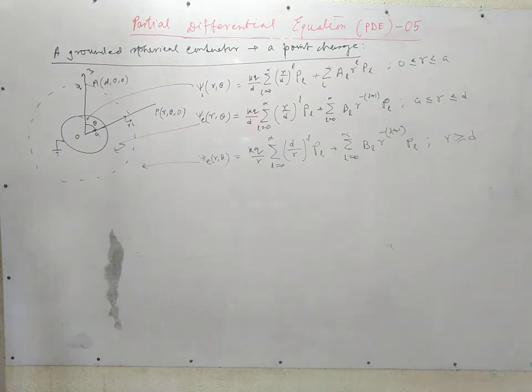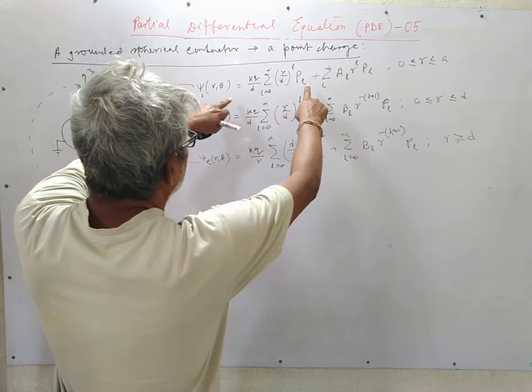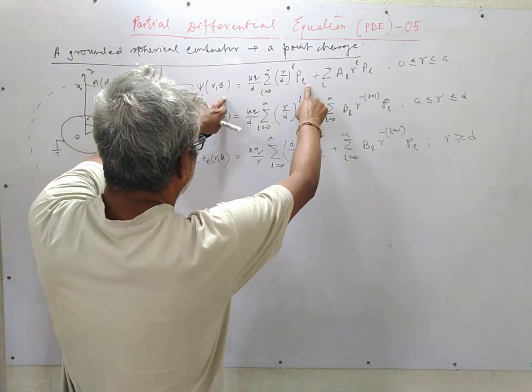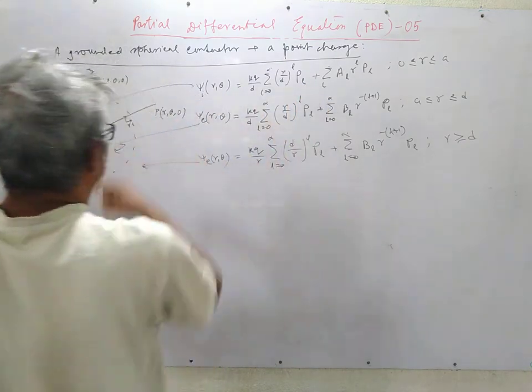Now, the conductor is a grounded conductor. So the potential that is obtained from this is 0 on the surface.